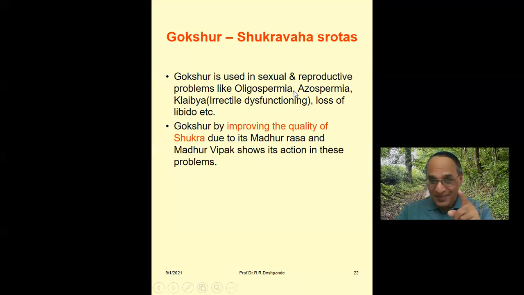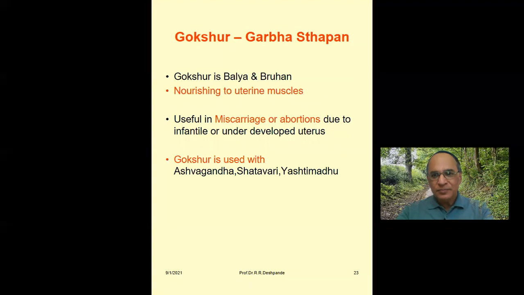Normal count, yes, 120 millions per cubic mm, is the normal sperm count. If the count is less than 40, less than 20 millions per cubic mm, Gokshur is there. It can also be used in klaibya, erectile dysfunction, loss of libido. Gokshur, by improving the quality of shukra because of the madhura rasa and madhura vipaka, shows its action on these particular problems.